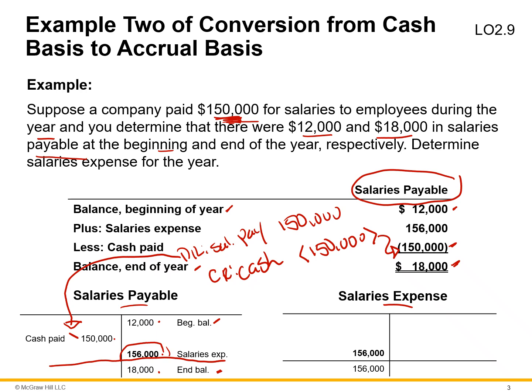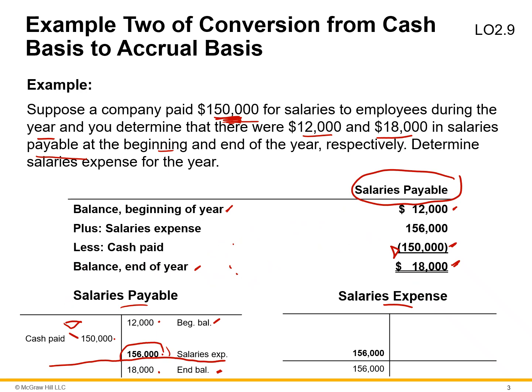I'm just going to make space because the slide is very small. For this $156,000, a credit to salaries payable, it must be that my debit was to salaries expense for $156,000.